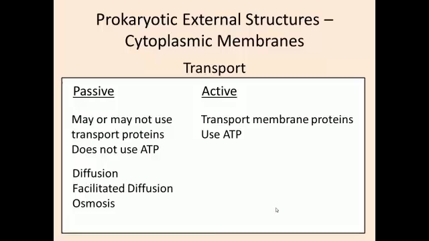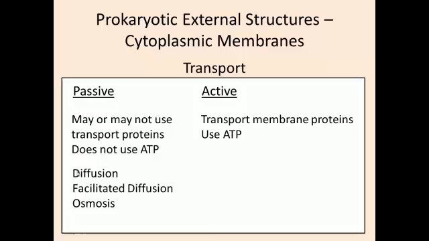So if there is a higher concentration of CO2 being generated on the inside of the cell by metabolic processes, the CO2 will diffuse out without the cell needing to do anything. If the cells are using up O2, or oxygen, in metabolic processes, creating a lower concentration inside the cell, O2 will diffuse in.